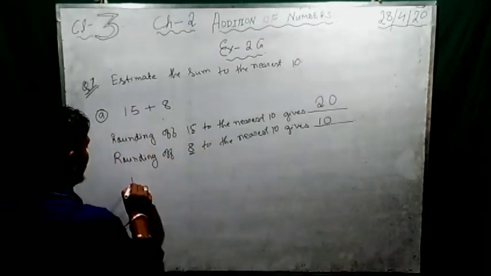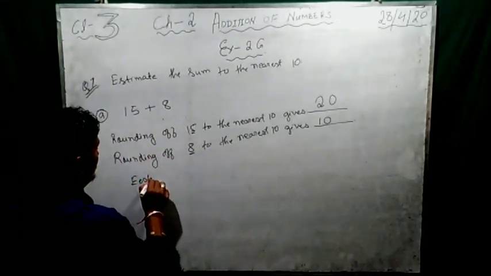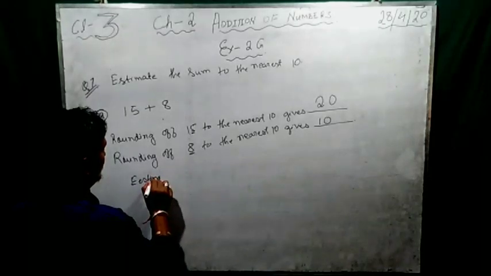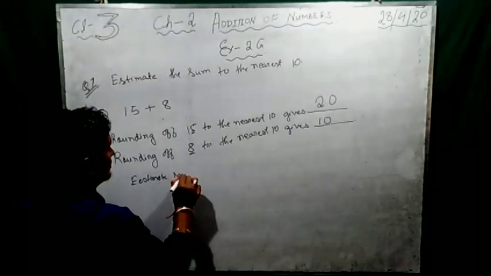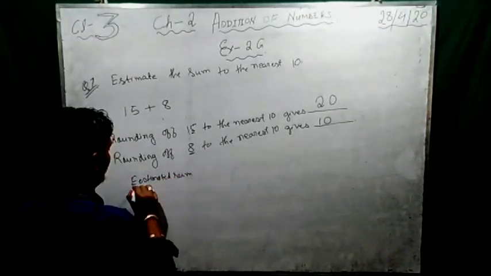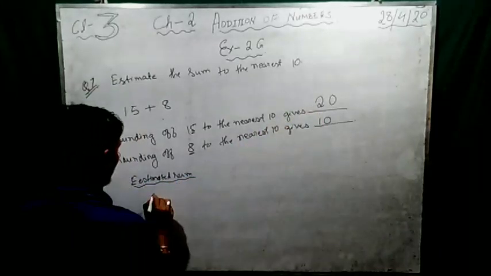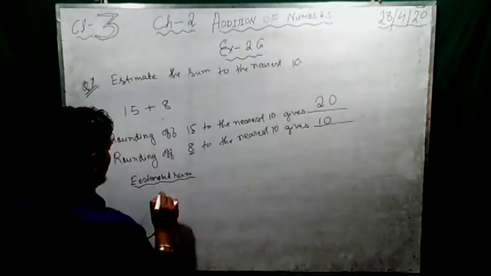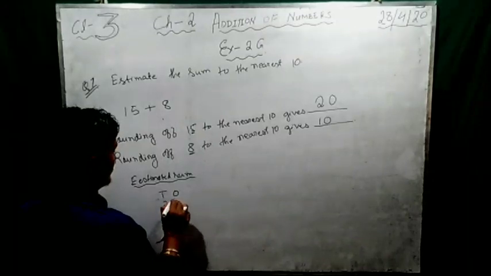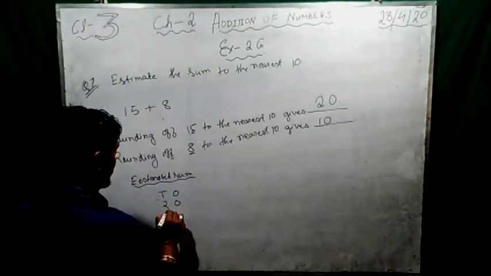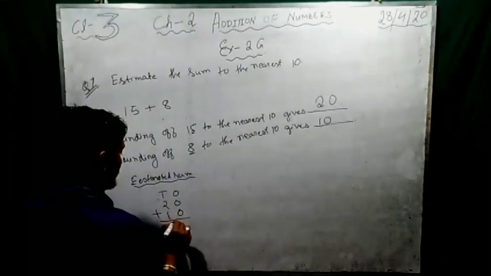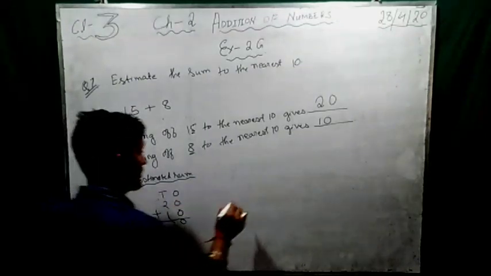So the estimated sum means 10 plus 20, that is 30.